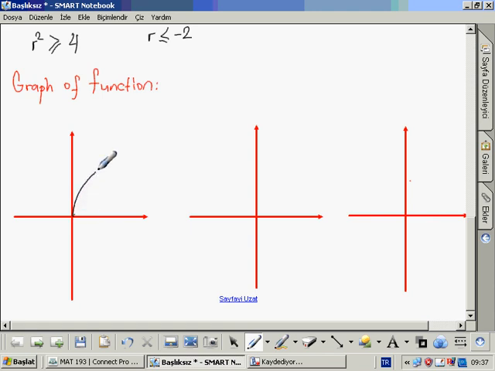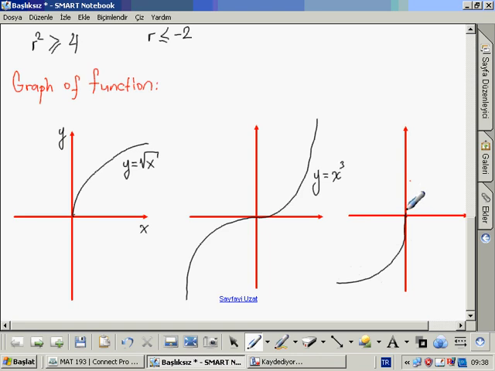Firstly, this function is y equals square root of x, x and y, and this function is y equals x cubed or x to the power of 3, and this is x to the power of 1 over 3.